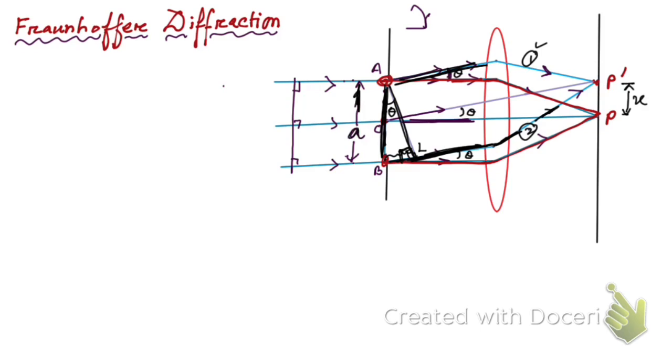Now let me write what I have considered here. So here is the slit. These are the beam of light, these are the rays of light incident on this slit and then focused by this lens at the point P. Okay, and these are the diffracted rays at an angle theta, and those are focused at P dash.